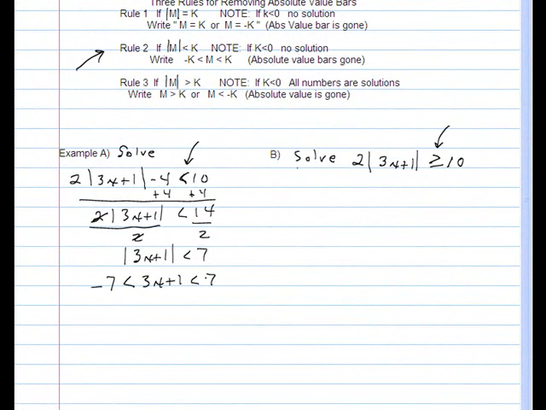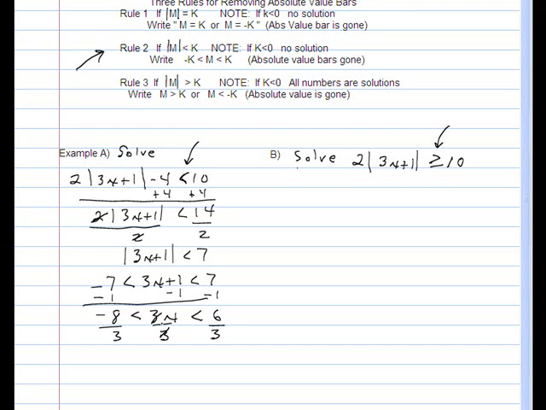Now, to solve a regular inequality, you do the same thing to both sides. If it's a three-sided inequality, you do the same thing to all three sides. So I'll say minus 1, minus 1, minus 1, and I get negative 8 is less than 3x is less than 6. Then to get x by itself, I divide by 3 on all sides.